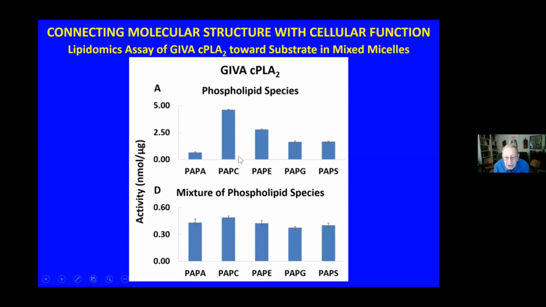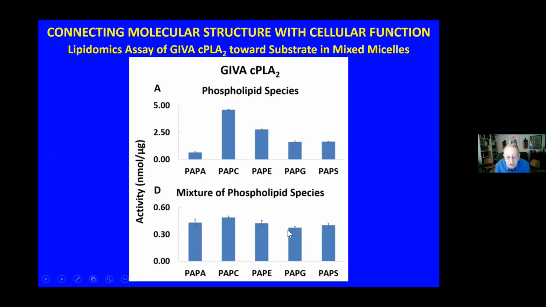Sorry, I know that the introduction to phospholipids will not occur till tomorrow morning by Junken Aoki. So I'm preluding that a little bit, but 5 fatty acids. However, when these 5 phospholipids are mixed in a mixed micelle, as on the bottom, and the enzyme phospholipase A2 is allowed to react with them, the activity toward each of the phospholipids is exactly the same.